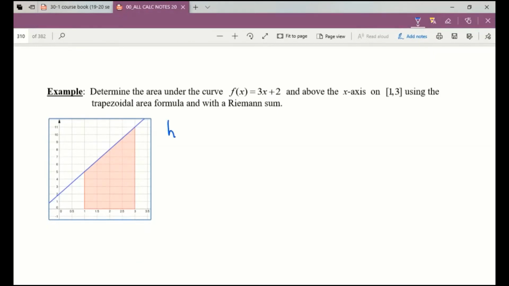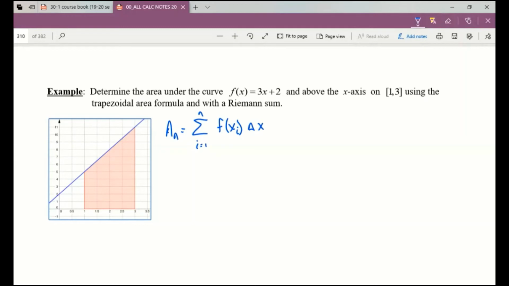So what we end up with is A sub n, the area, equals the summation as i goes from 1 to n of f of x sub i times delta x.